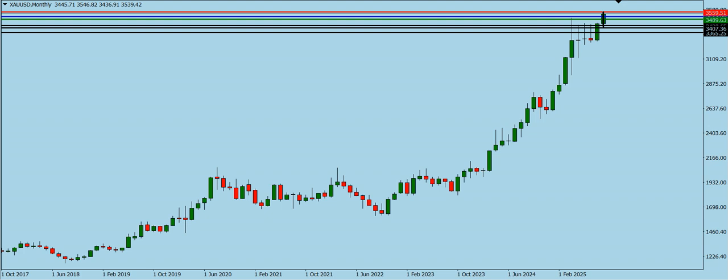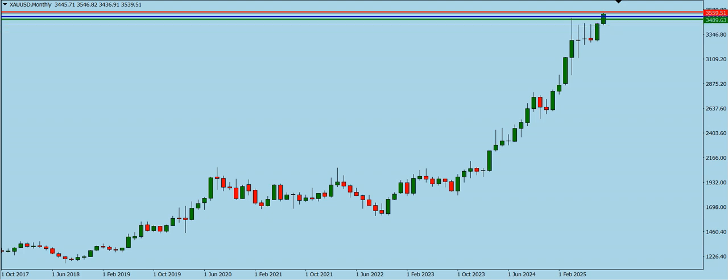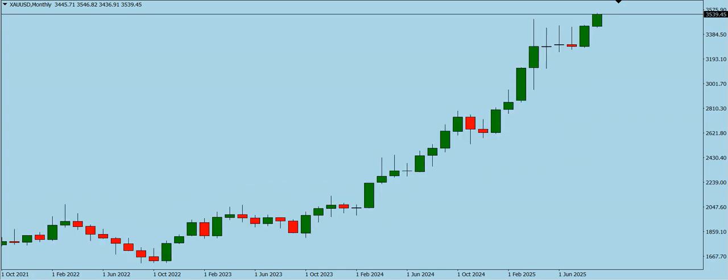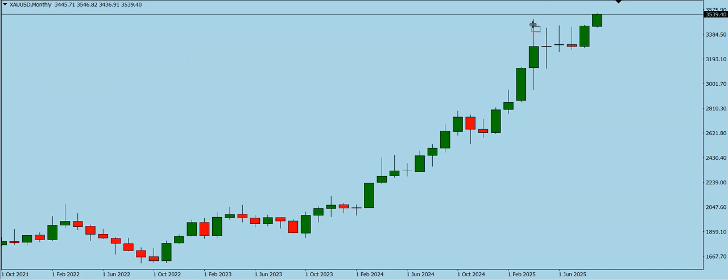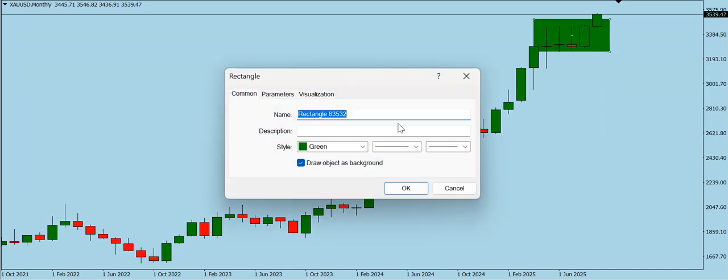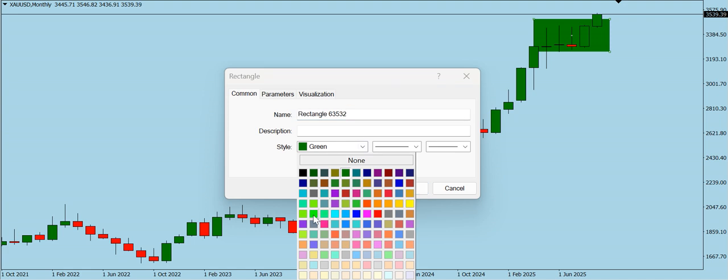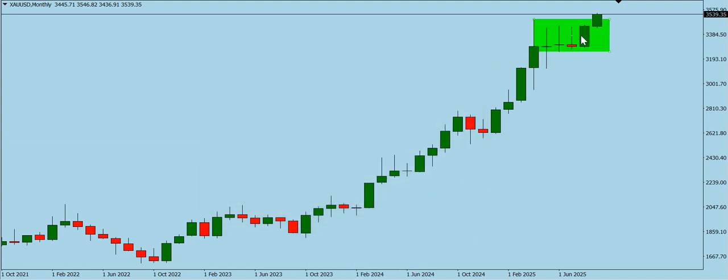Okay, what do we have on the monthly time frame? Monthly time frame shows that price of gold has broken this range. This particular range on the monthly time frame has been broken, and price is proceeding to the upside.